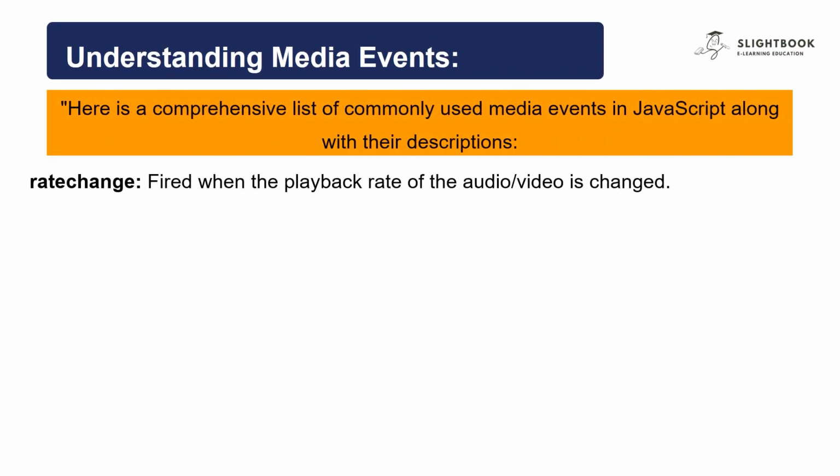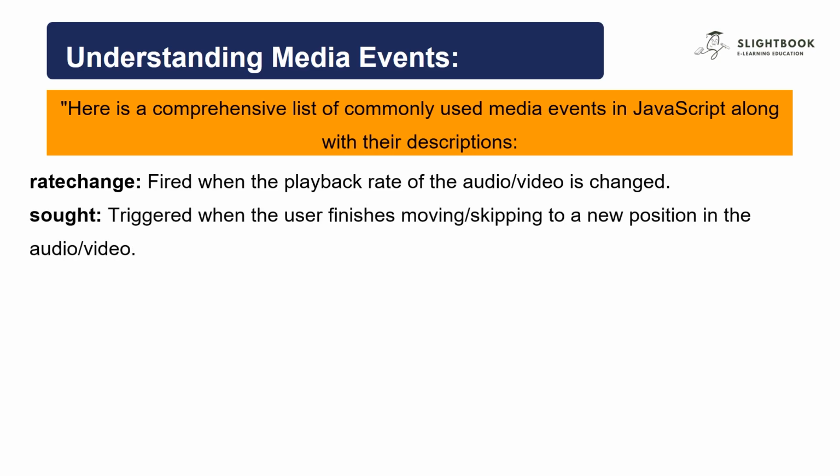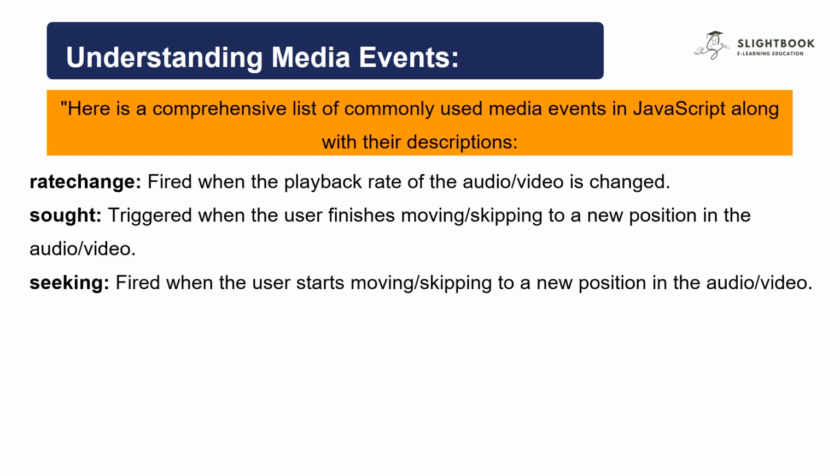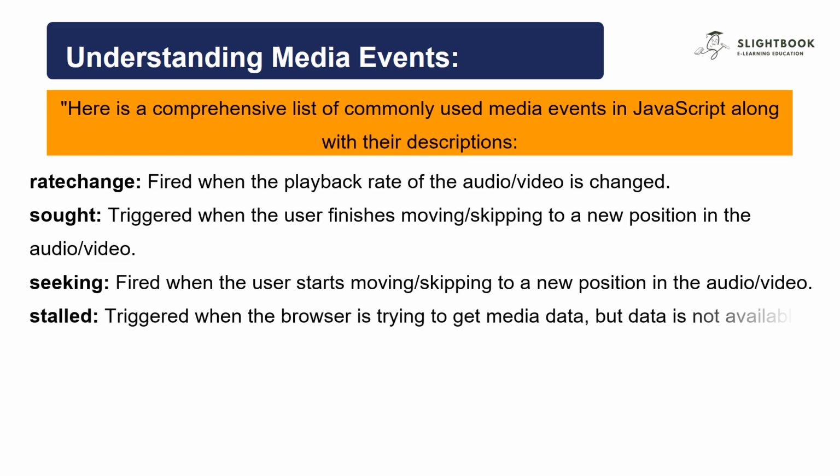Rate change, fired when the playback rate of the audio or video is changed. Seeked, triggered when the user finishes moving or skipping to a new position in the audio or video. Seeking, fired when the user starts moving or skipping to a new position in the audio or video. Stalled, triggered when the browser is trying to get media data but data is not available.